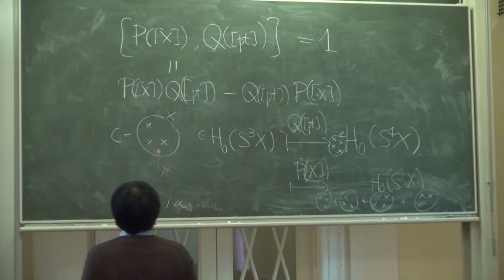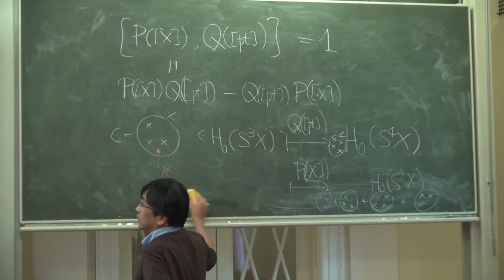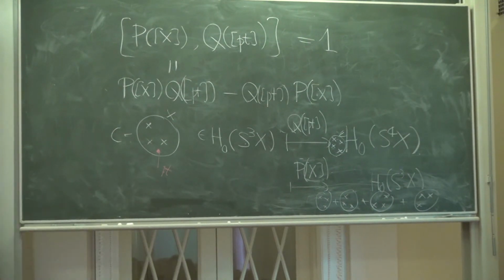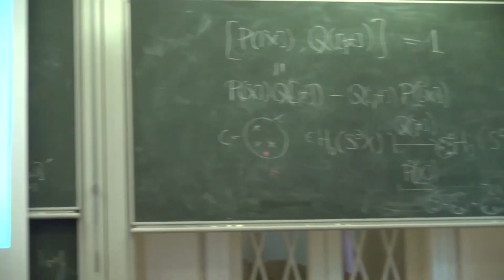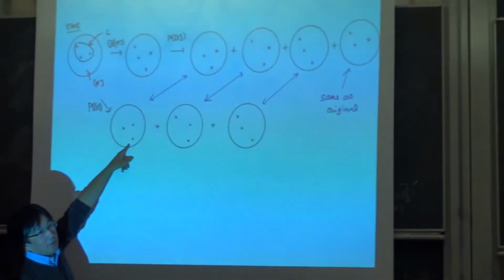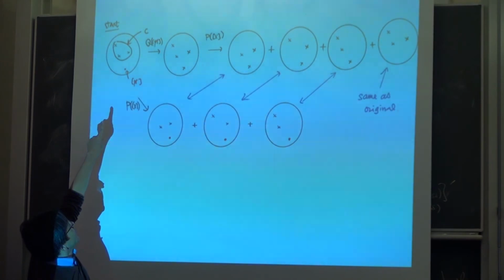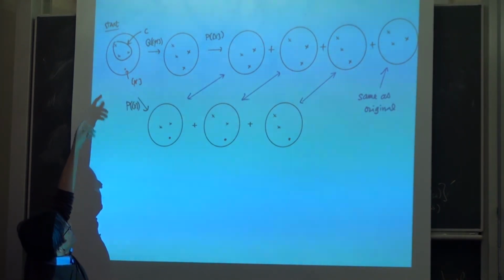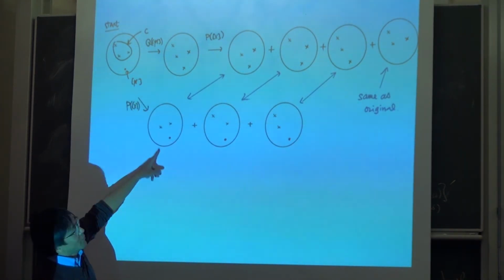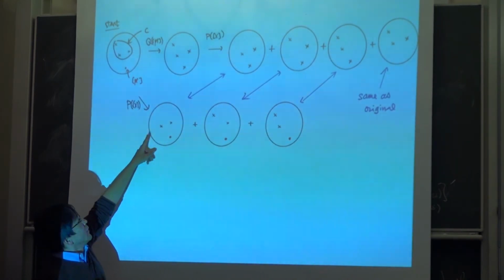Then I can do the same thing in the opposite order. I first remove some point, but here this preferred chosen point is not included in the collection C. So to remove some point, I only have 3 choices. So this is a choice.